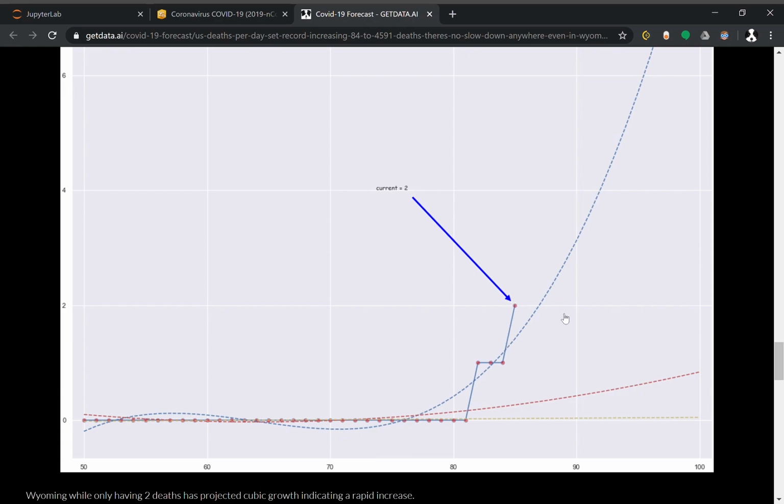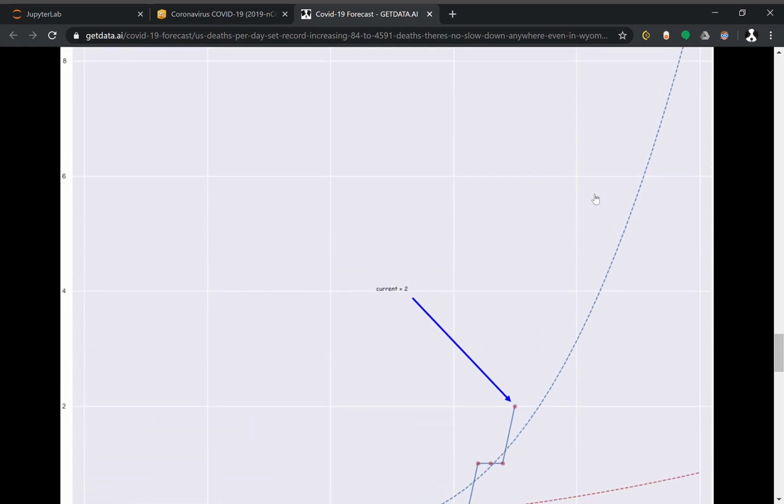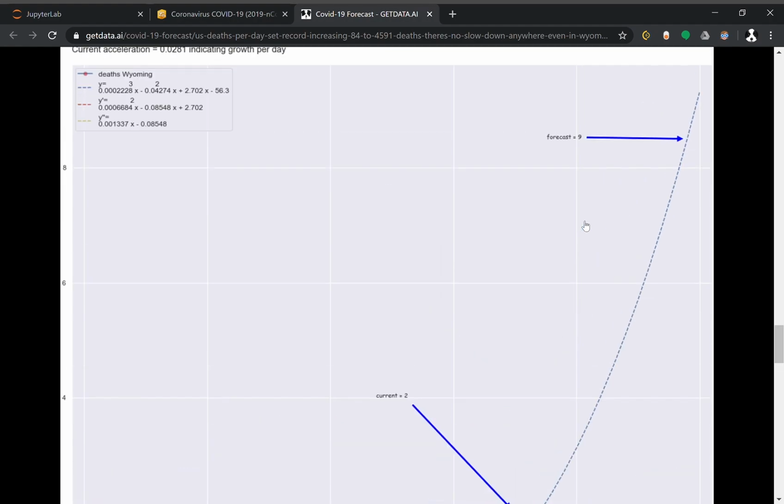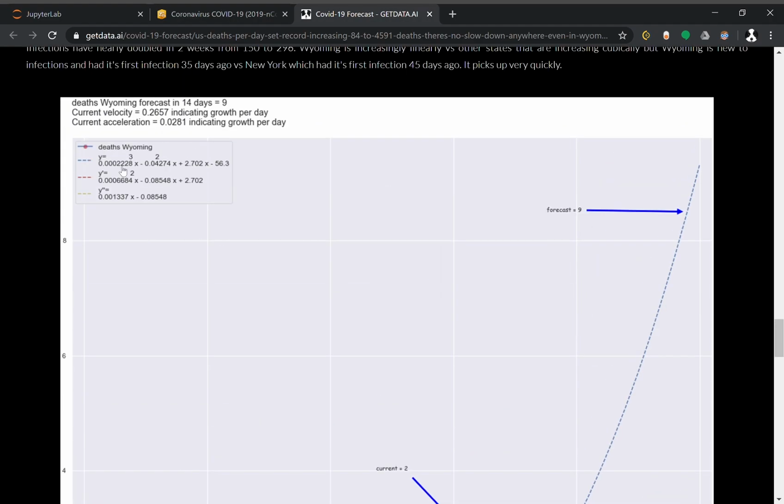Well, not deaths will come down, the death rates will come down, but the trajectory of this thing is cubic, and that is because it jumped from 1 to 2 very quickly, right? So if it was 1 for a whole bunch of weeks and then it jumped to 2, it would not be as sharp an increase here, which is why the forecasts predict that it's in fact cubic, and that's really bad.